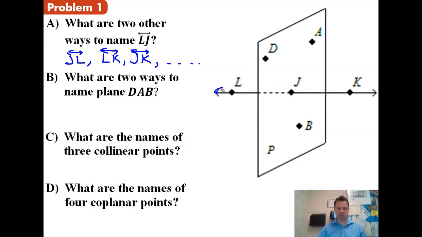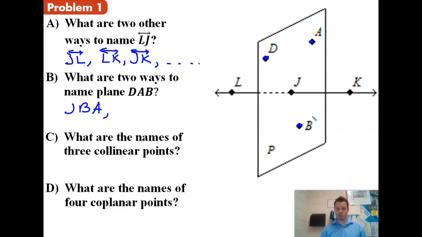Part B asks, what are 2 ways to name plane DAB? Well, again, there's only one plane here, but if I find the points D, A, and B, they're all on the plane I see here, so I know I'm talking about that plane. There are 4 total points on that plane. For naming a plane, I need 3 of them, and the order doesn't matter. So I could say plane JBA would be a good way to do it.